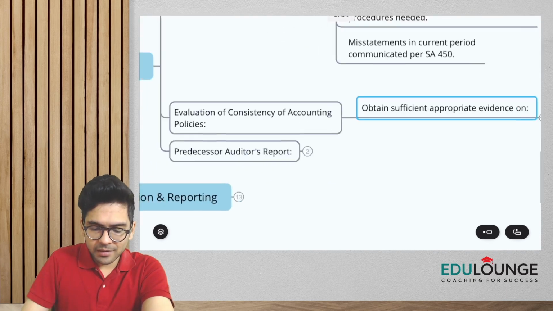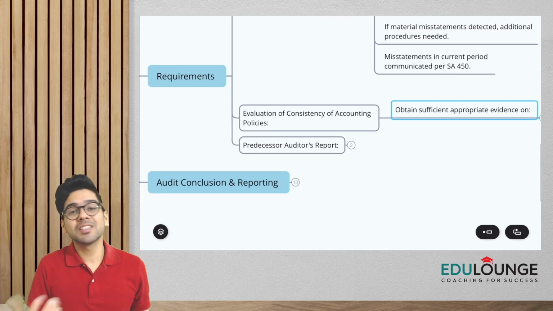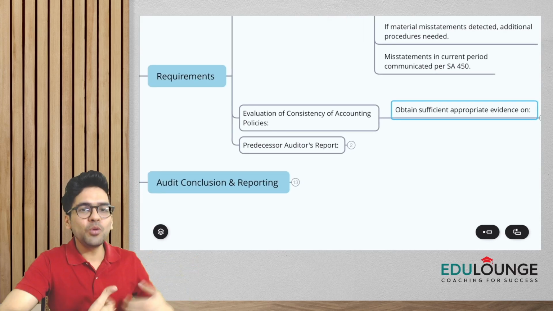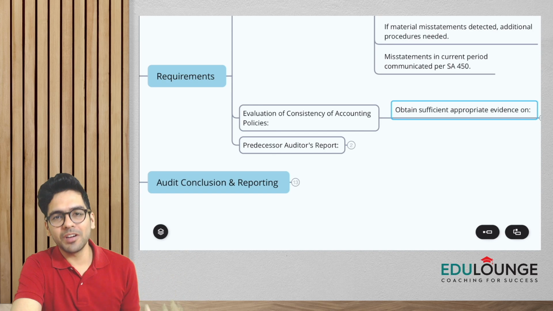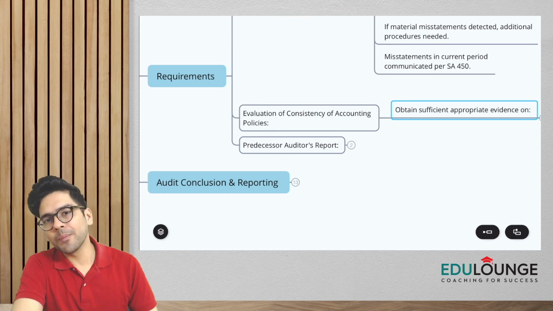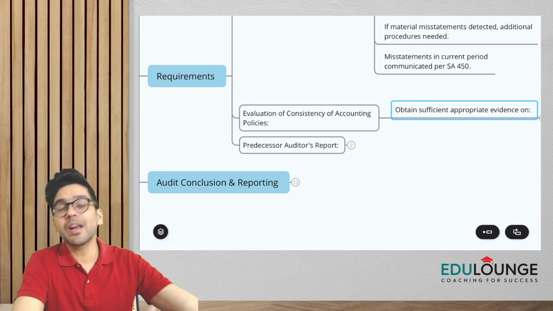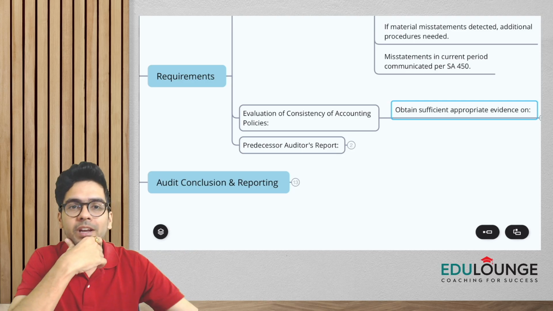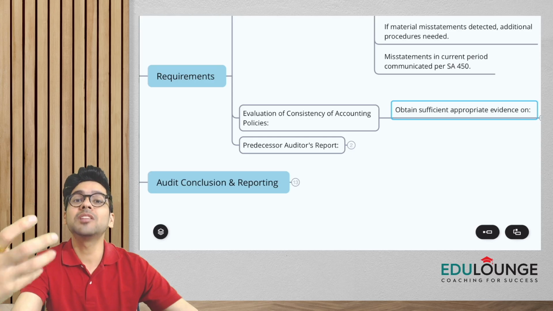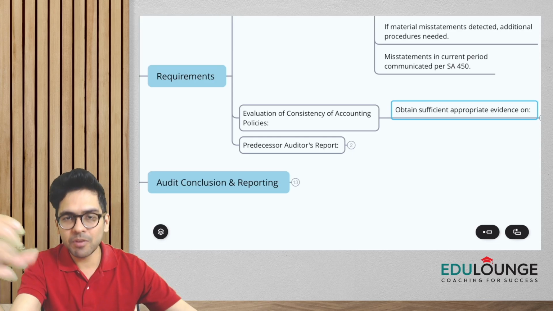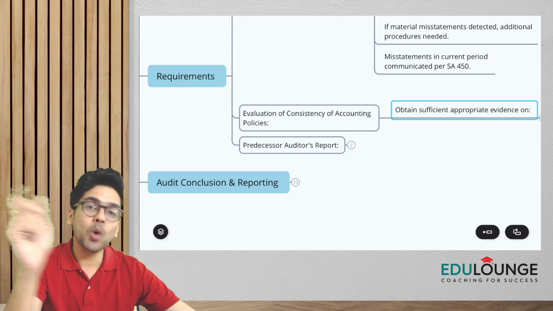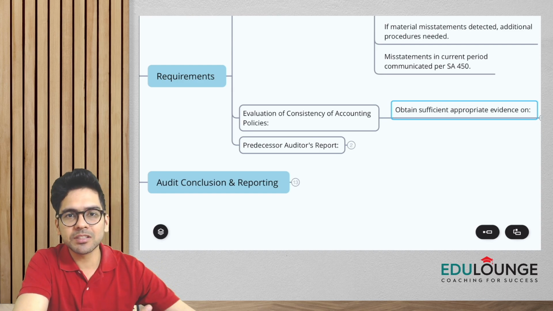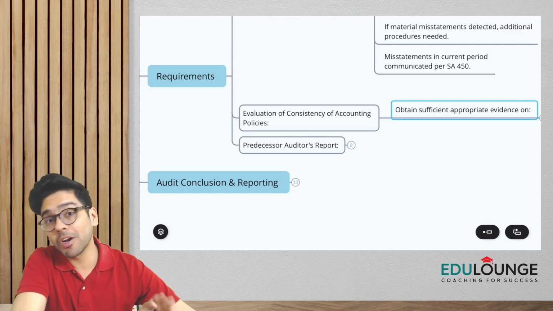Okay, and the third one, guys, is about the predecessor auditor's report. I told you, you are going to go through the predecessor auditor's report. Now let's say the predecessor auditor had given a modified opinion. Will you not be curious to know, hey, why did he modify the opinion? Will you not go through the basis for modification paragraph? I mean, will you not read that paragraph as to what made the previous auditor qualify the opinion or give a modified opinion?